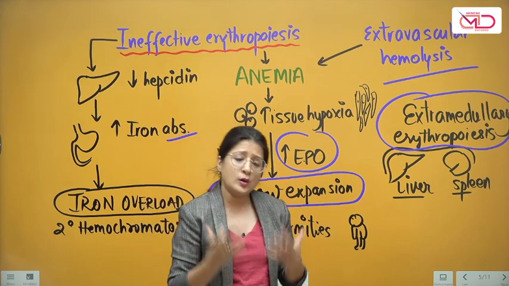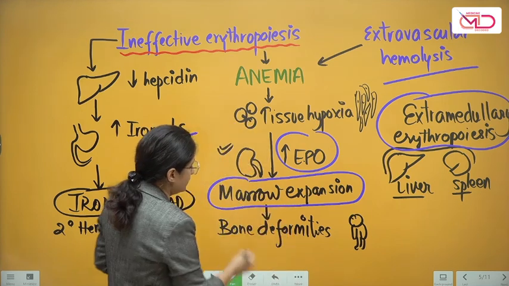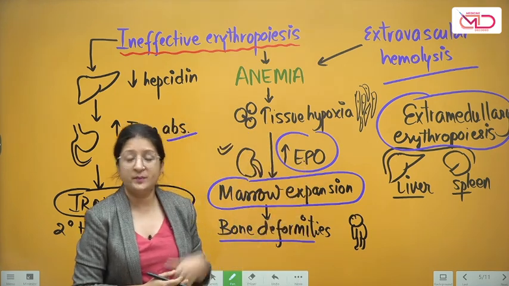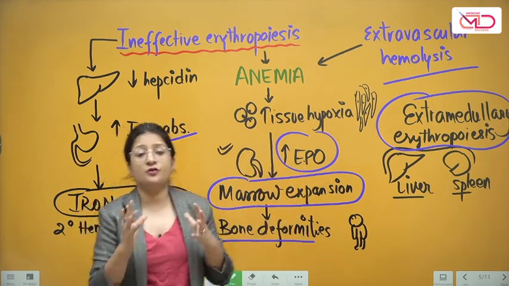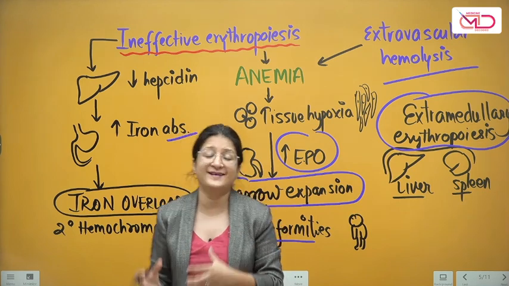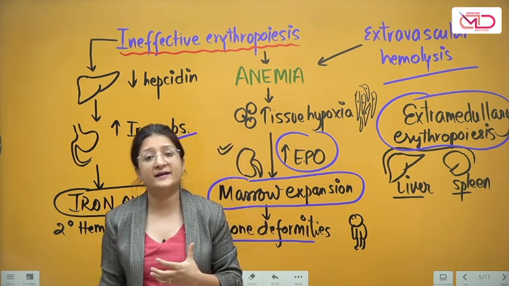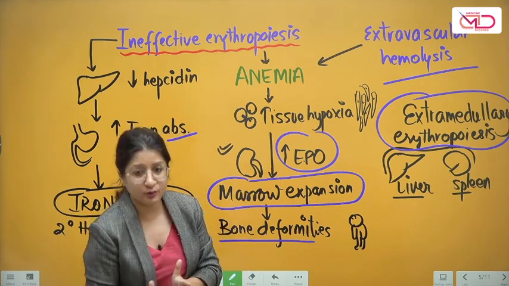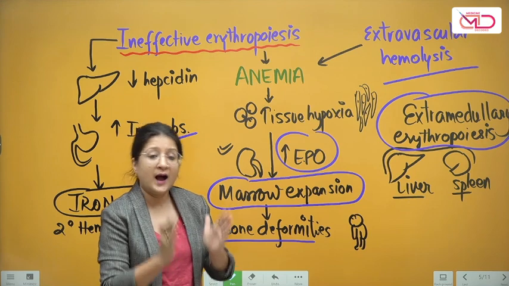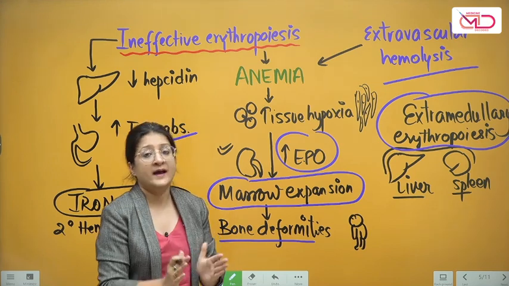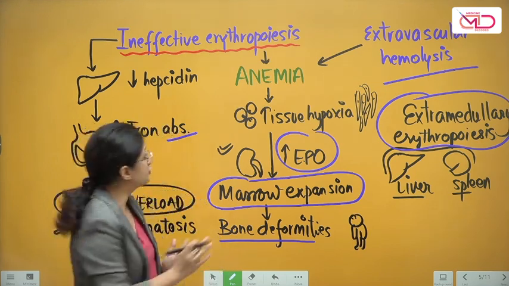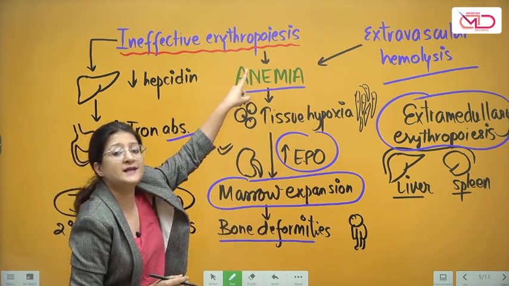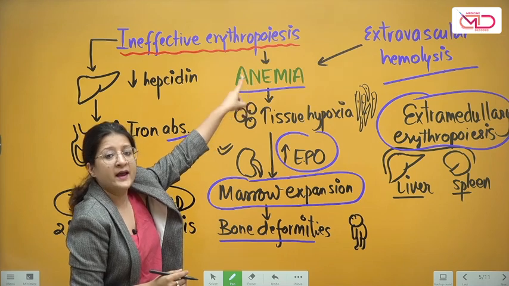Moreover, it is also leading to other problems: bone deformities, hypersplenism, hepatomegaly, and deposition of excess iron in the liver, pancreas, and the heart, leading to cardiac dysfunction and pancreatitis. So there are a lot of problems that can ensue, and these people are dependent on regular blood transfusions to deal with this anemia. This is the problem. This is where it all started, isn't it?